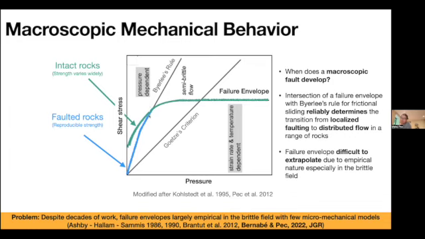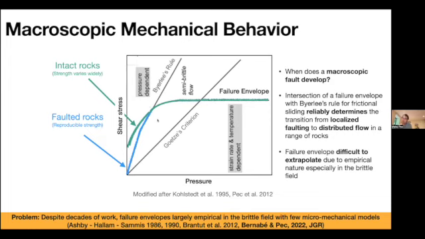Now, the second envelope is the so-called failure envelope. So that is applicable for intact rocks. So if we take an intact rock that does not have any fracture in it, then we typically have to first get to a stress where it fractures. And that stress is also increasing with increasing confining pressure. But eventually we will reach the peak strength of the material where the strength will become largely independent of pressure.